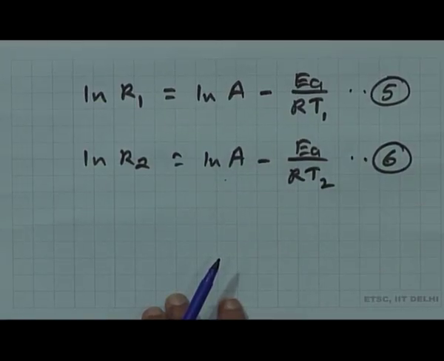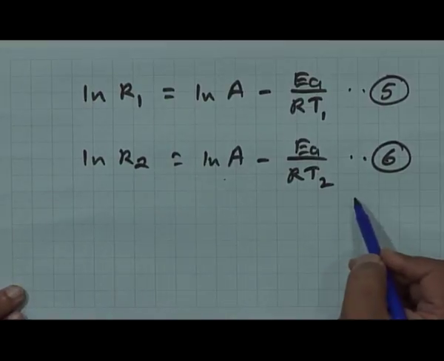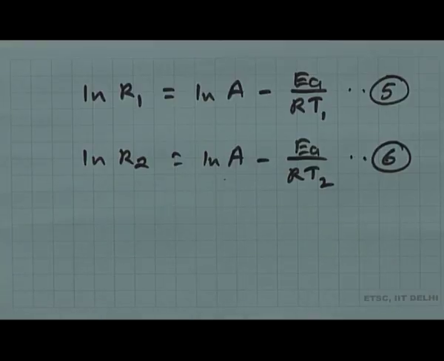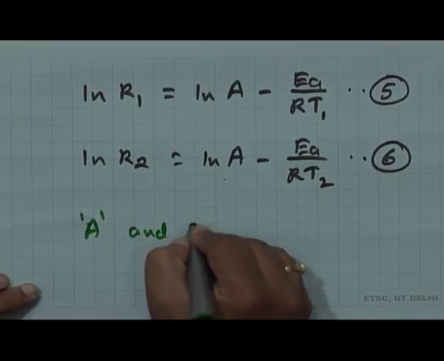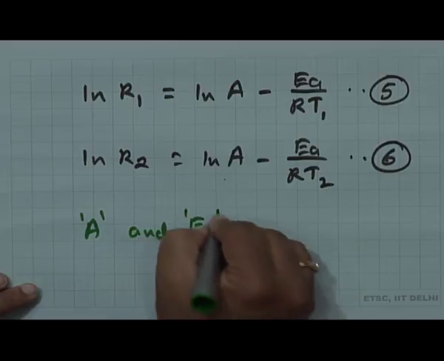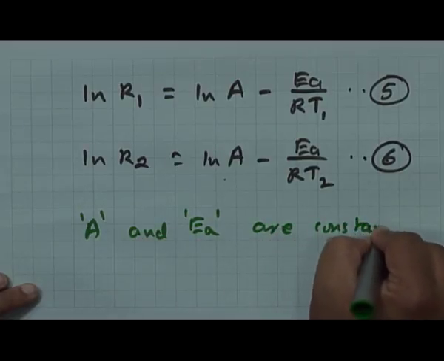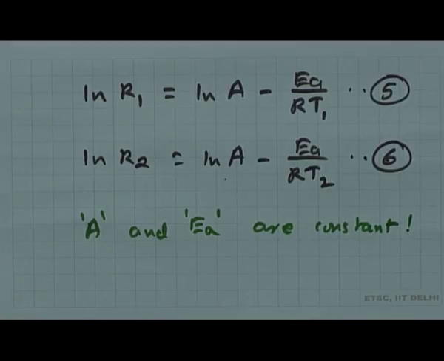We have not changed that. Two things are changing. One is the rate constant, and obviously the other one is the temperature, right. So, again the same assumptions, remember, A and Ea are constant. Okay. So, this is an assumption.